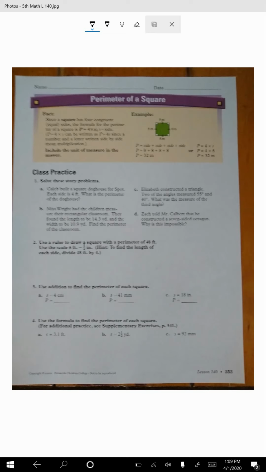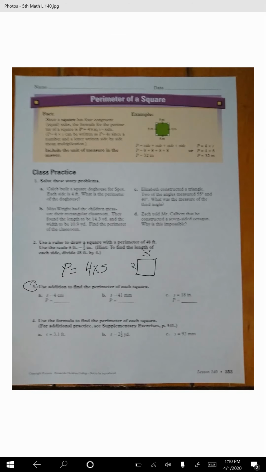Anyway, today we're going to talk about the perimeter of a square. Remember, a square has equal sides on all sides. Let's go down to number 3, and we'll start with this. The official formula for perimeter of a square is 4 times the sides, which is technically just adding up the sides.